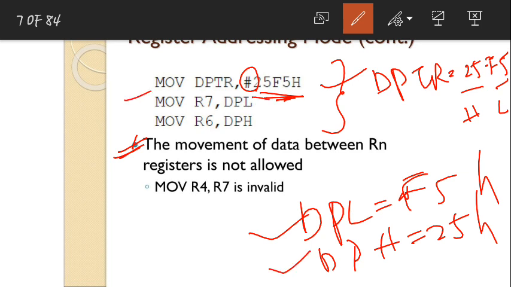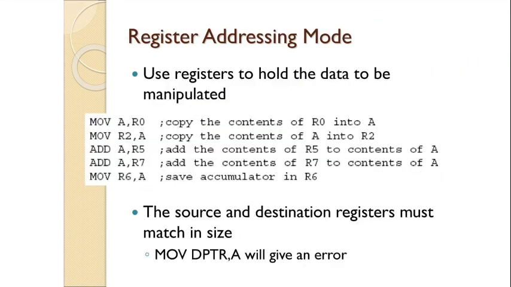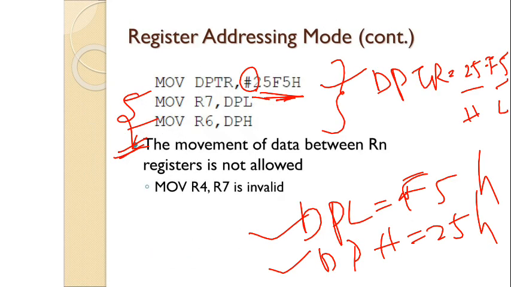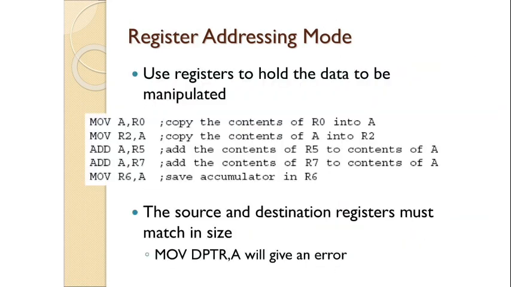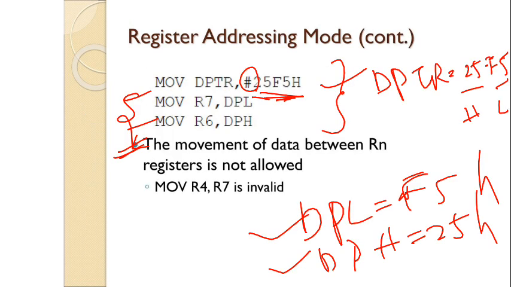Now see these instructions, both are register addressing modes. In the previous slide, he moved A to DPTR, which is not possible because there is a mismatch of size. If you want to move 8-bit content between an 8-bit register and DPTR, I can use DPL and DPH.